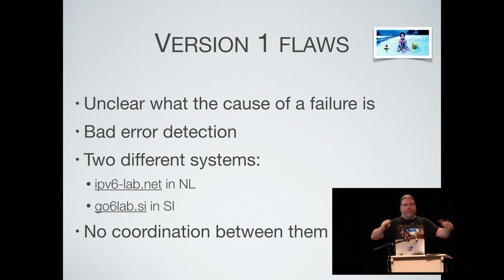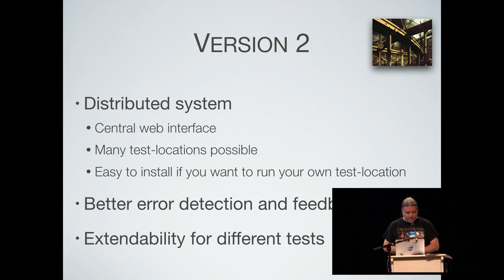There was lots of information, like, whoa, how do we interpret this stuff? So we needed to fix that. That was bad error detection: two different systems from two vantage points and no coordination between them. So it's time to change the seasons and build a new version.